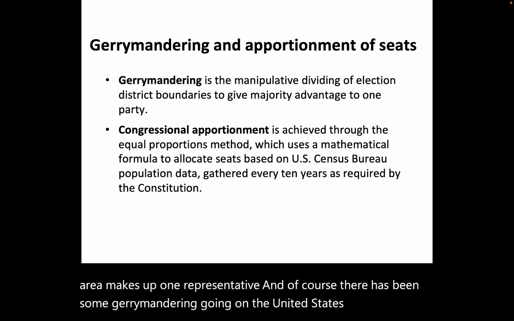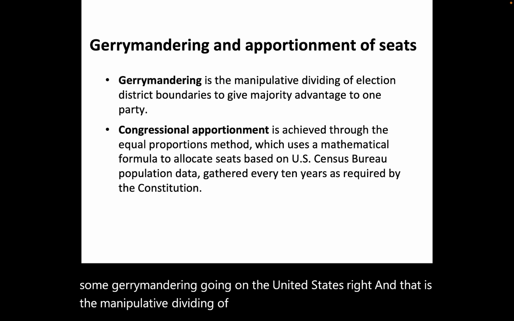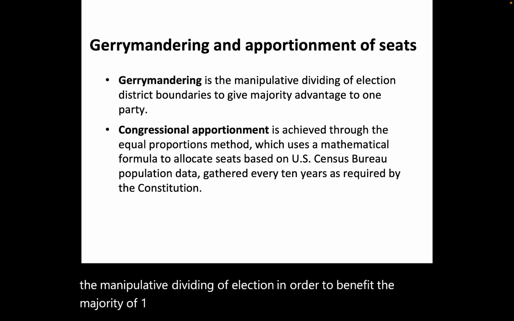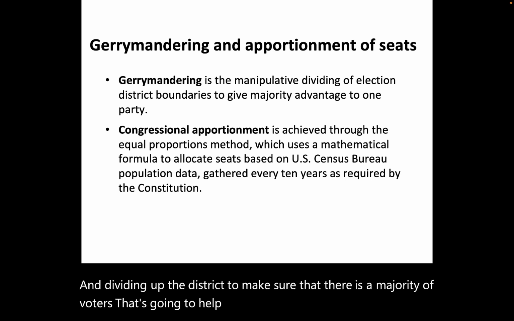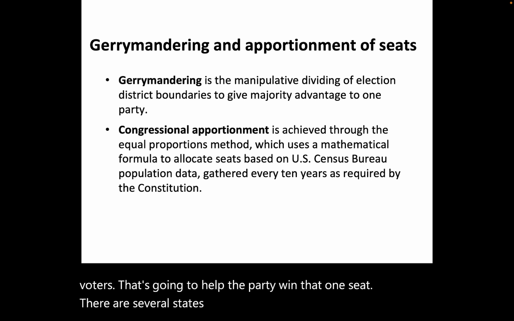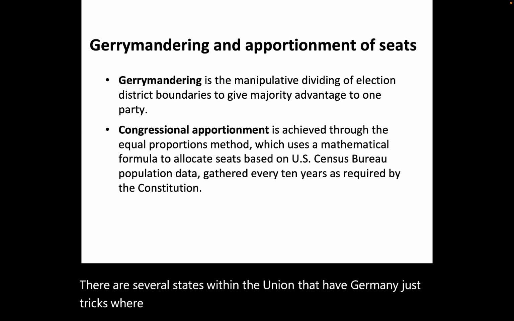That is the manipulative dividing of election districts in order to benefit the majority of one party. Gerrymandering would be looking at a map of a state and dividing up the districts to make sure there is a majority of voters that's going to help the party win that one seat. There are several states within the union that have gerrymandered districts, where the party will make it easier for them to win instead of the other party.